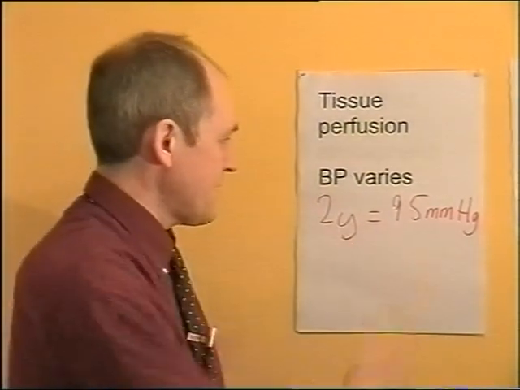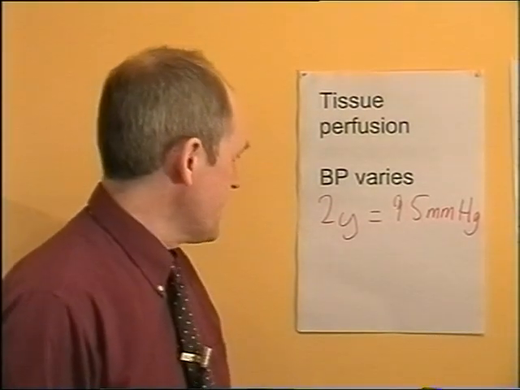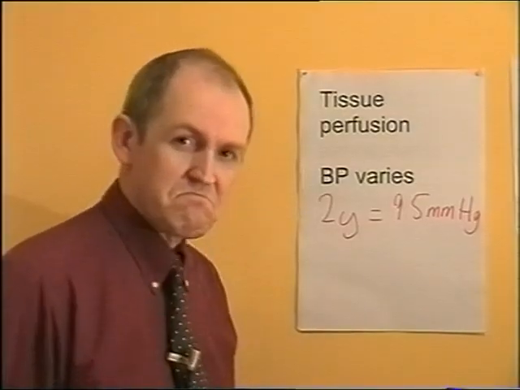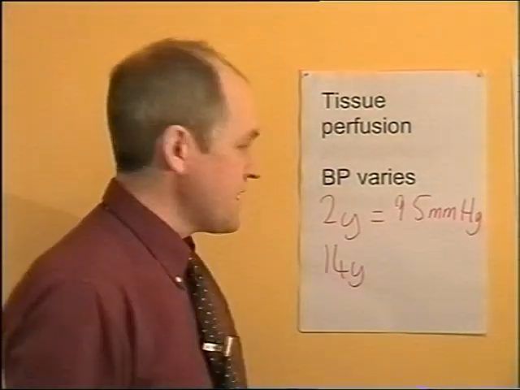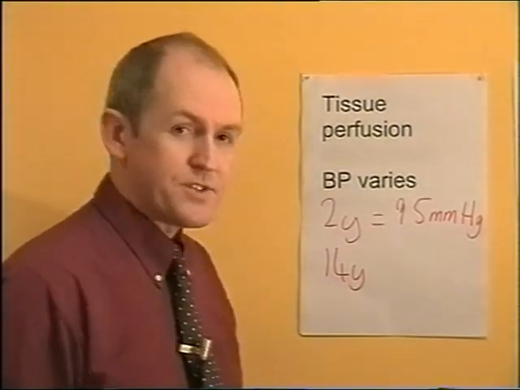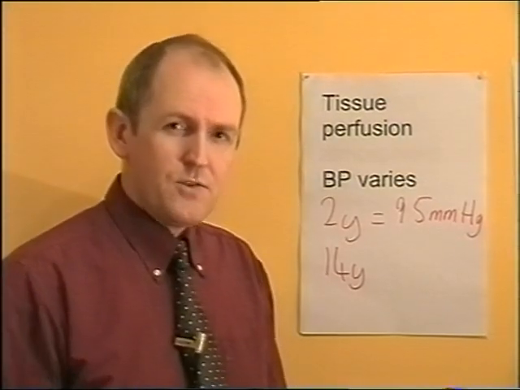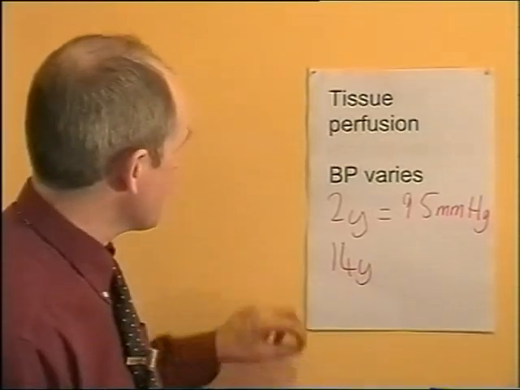So a 2-year-old might have a systolic blood pressure of, say, 95 millimeters of mercury. But once children reach, let's say, about 14 years, then we can just use normal adult values for blood pressure. So for a 14 or 15-year-old young person, normal adult values would apply.